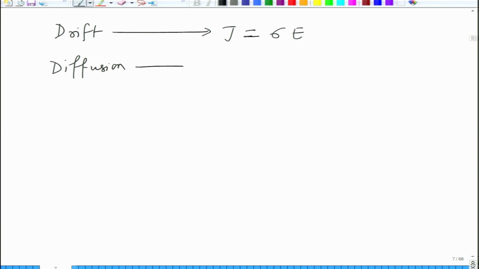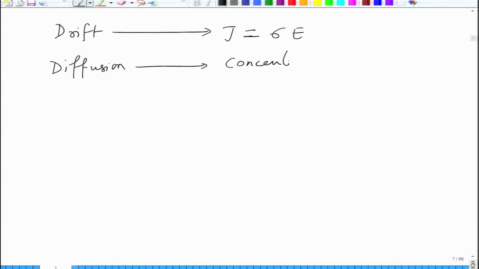But you may also have a current because of the motion of charges, and charges do not necessarily move only because of an electric field. They can also move if you have a concentration gradient. A concentration gradient may drive the diffusion of carriers, leading to another type of current, which is the diffusion current.